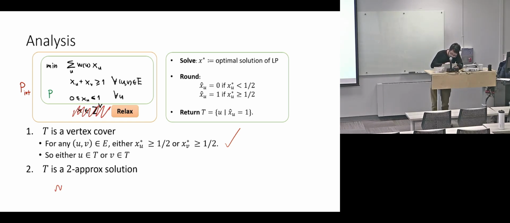The size of your solution is just the sum over all nodes u of w_u times x hat u. Now, this is going to be at most the sum over every node of w_u times 2 times x star u.